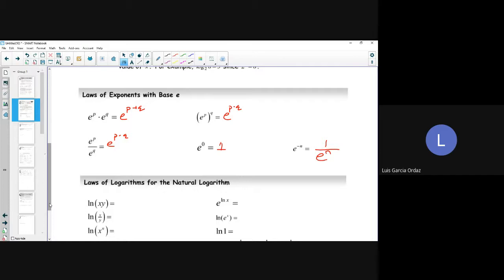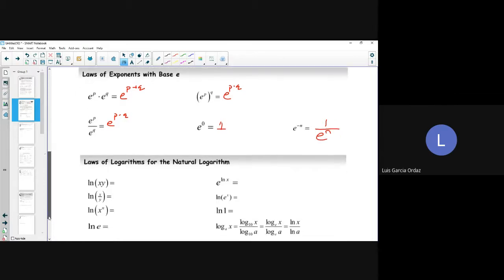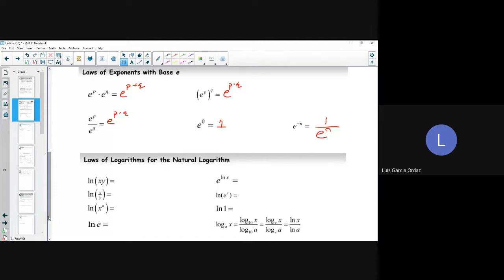However, we also have the laws of logs, which we also learned in advanced functions. So we know the product law: ln of x times y is just ln of x plus ln of y. The quotient law: ln of x over y is just ln of x minus ln of y.